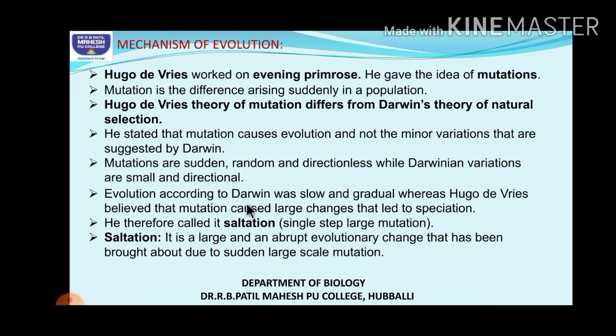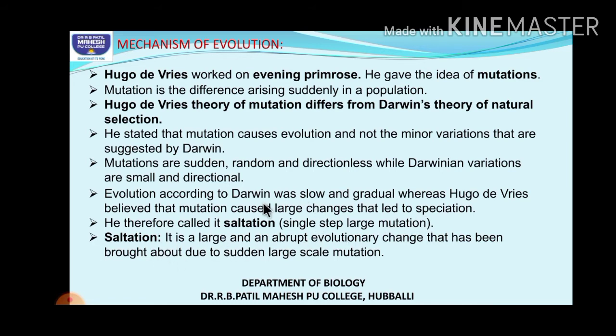So according to Darwin, evolution is a very slow and gradual process, but according to Hugo de Vries, mutations are sudden, right? So sudden mutations lead to speciation. This is also important here, speciation. 1 mark question, what is speciation? Formation of new species is called speciation.